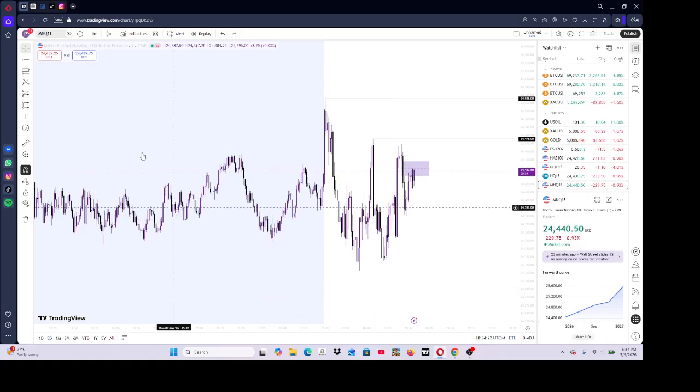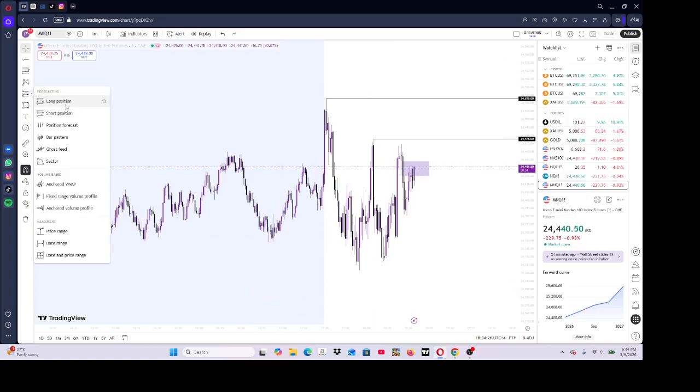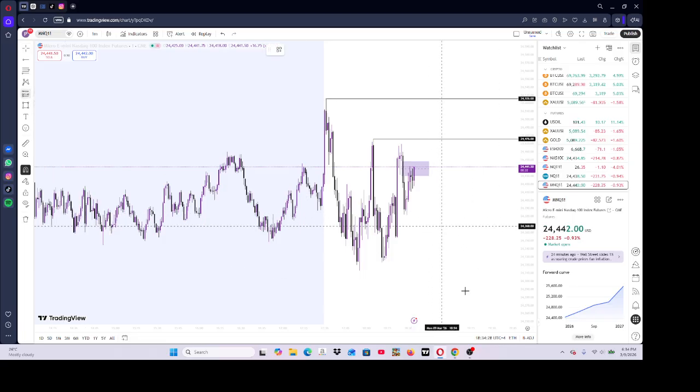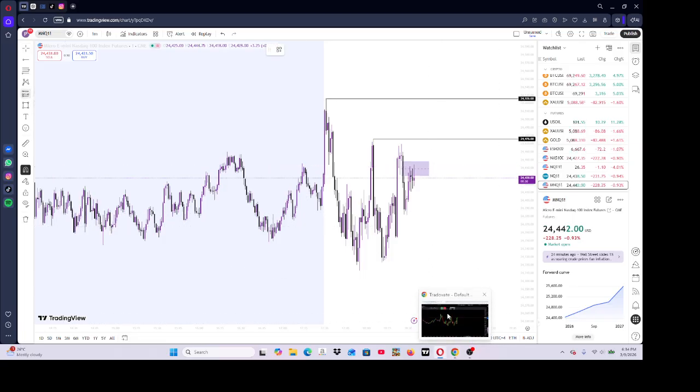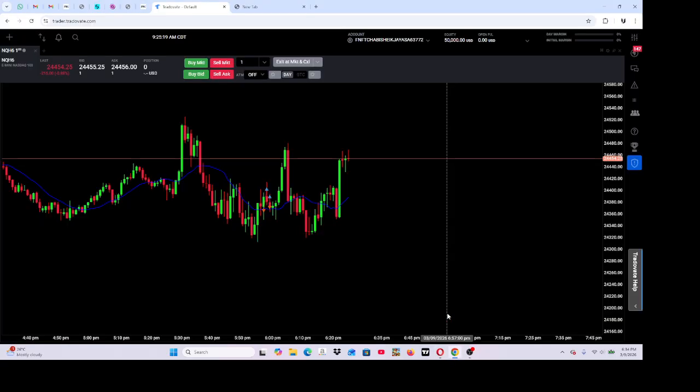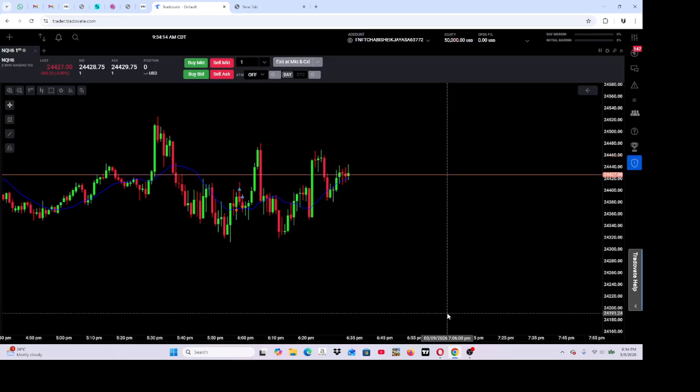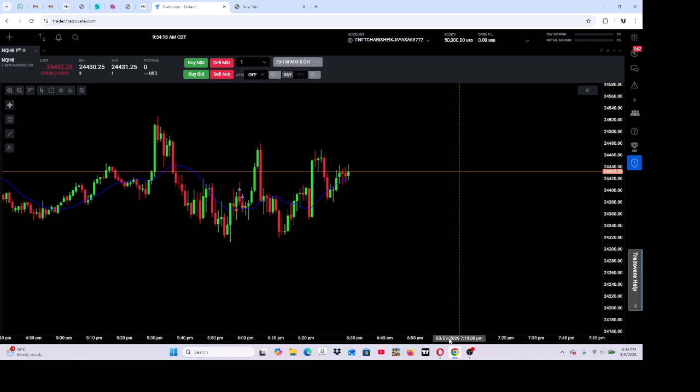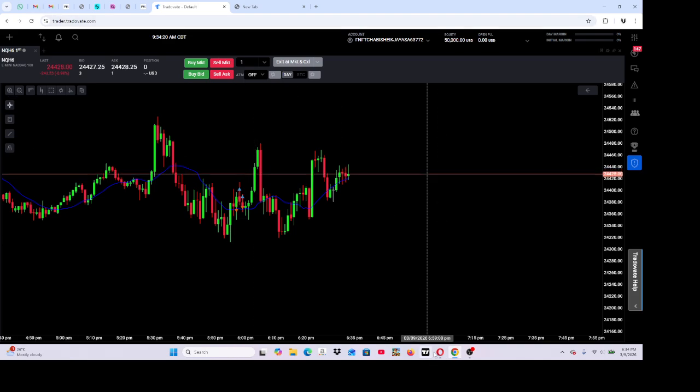I want to enter the longs here. If this candle closes, I will enter the longs. No, no, no. The market is so choppy. Didn't get any clear move.